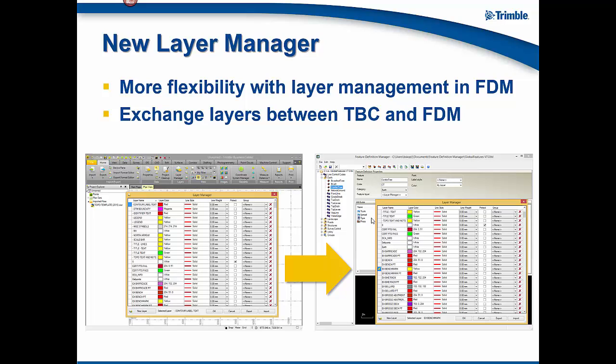So for example, you can bring in a CAD drawing or a template from third-party CAD software into TBC, and then within the layer manager in TBC, you can export those layers to the feature definition manager, where you can use those layers to define them as your feature-based layers. So once you process the feature codes, everything is automatically on the layers you want, and when you export that back to those third-party CAD packages, you get your layers intact.